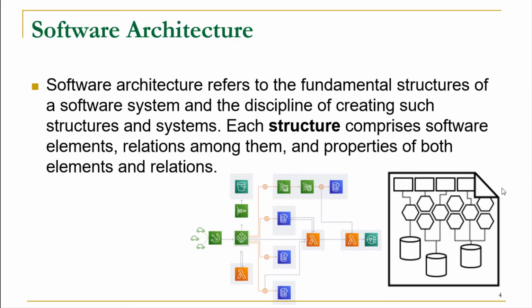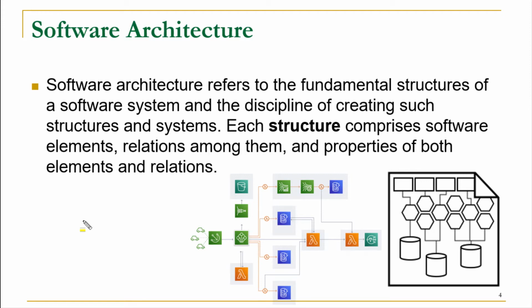Similarly, if we want to understand software architecture, we can understand it in terms of organization and structuring. But in this case, we are talking about the organization and structuring of the software elements, and those software elements may be the classes, the components, subcomponents of your system, or the modules.